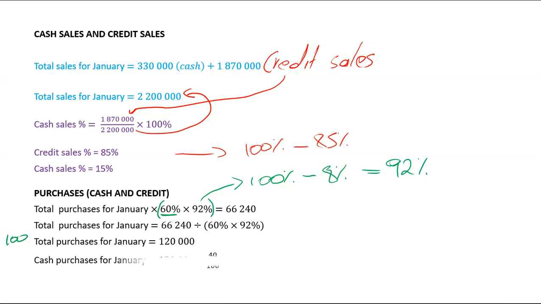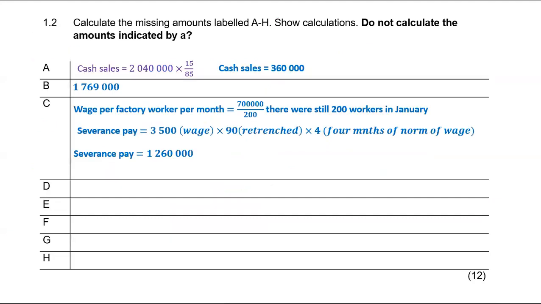It'll give me my cash purchases for January. To calculate my cash purchases for January, I take total purchases multiplied by 40, which is cash purchases, divided by 100, which represents total purchases.